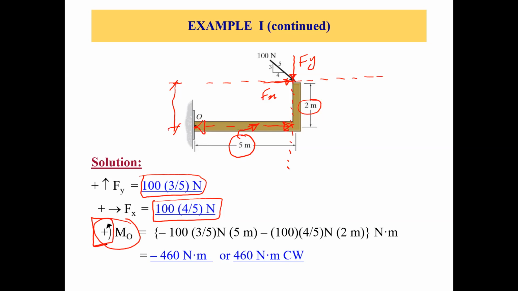Now if you look again at the figure, this force Fy is creating a clockwise moment. So Fy times 5 would be negative.